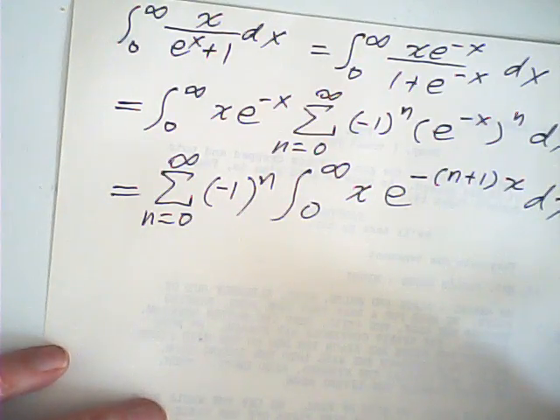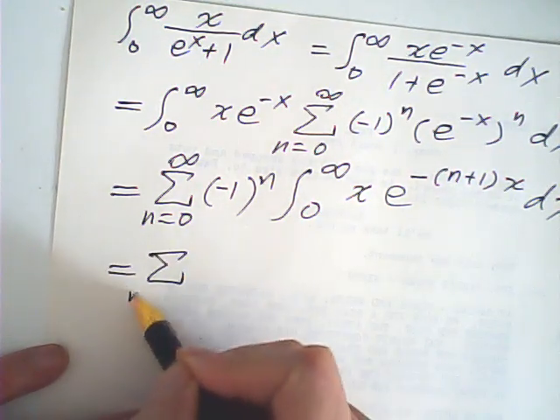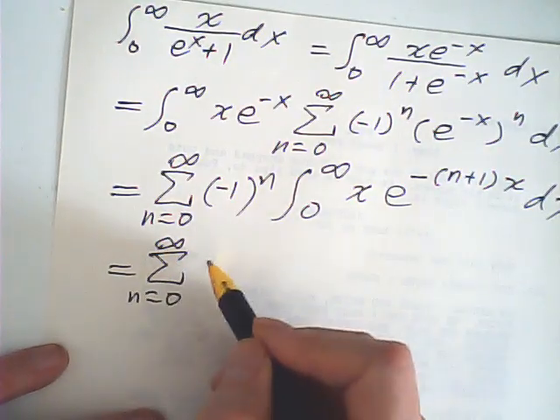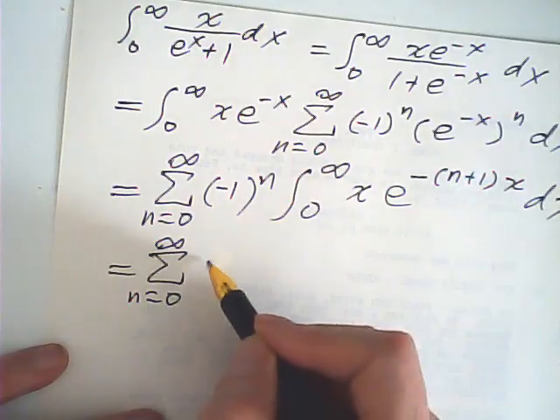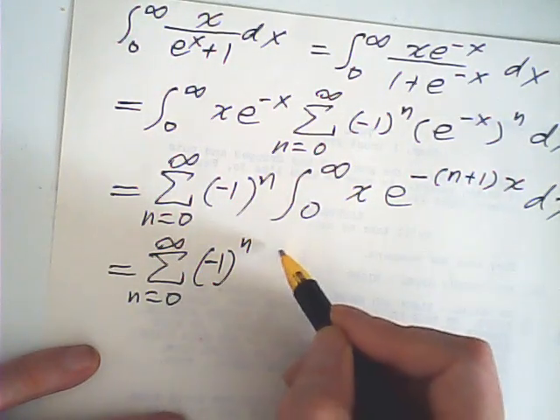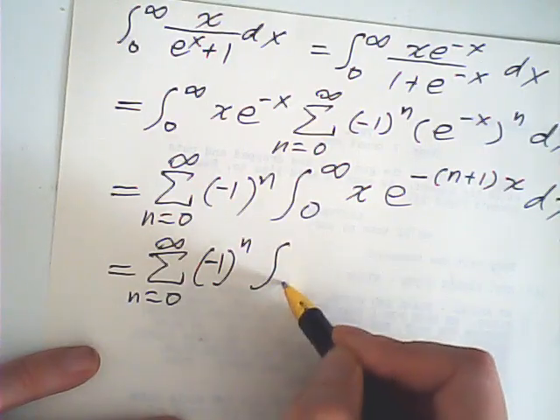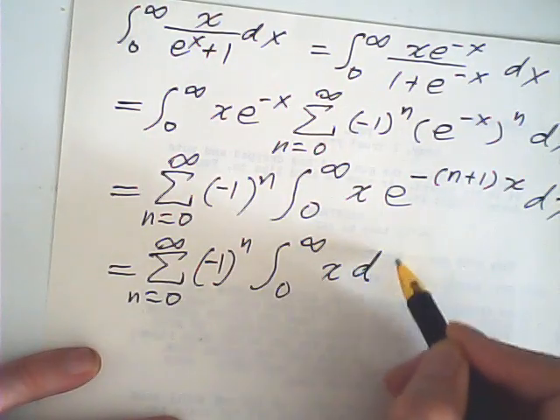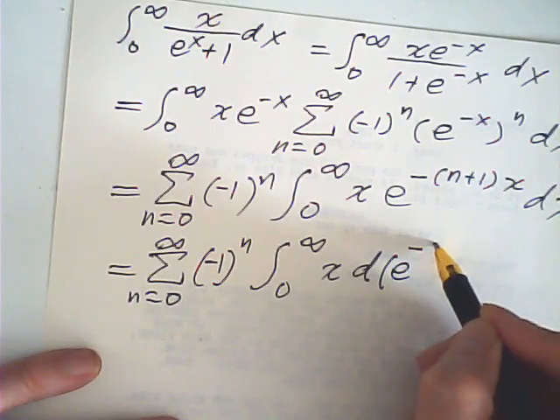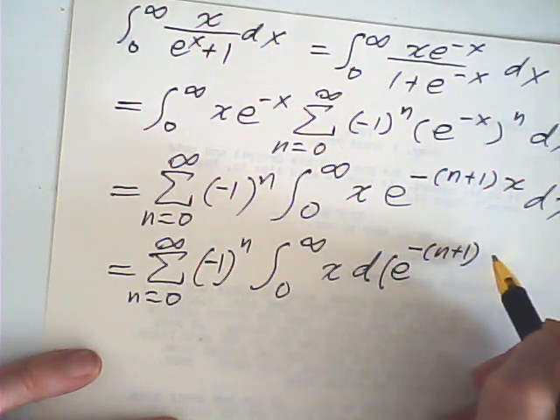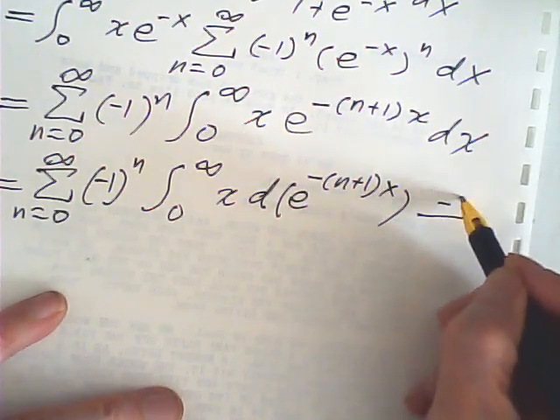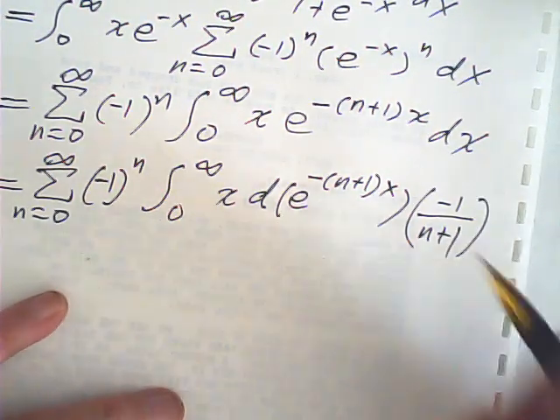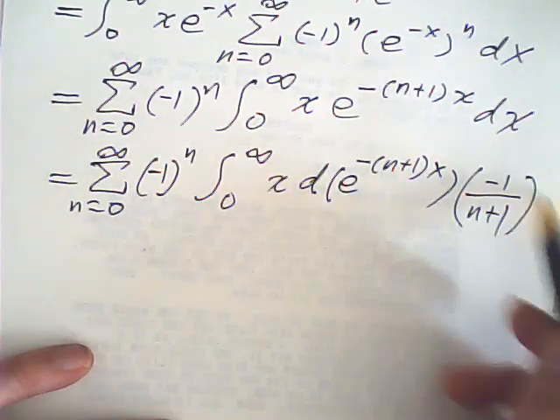Very good. So this one could be written as negative 1 to the n, integral of x d of e to the negative n plus 1 x multiplied by negative 1 over n plus 1, right? This one is equal to that.